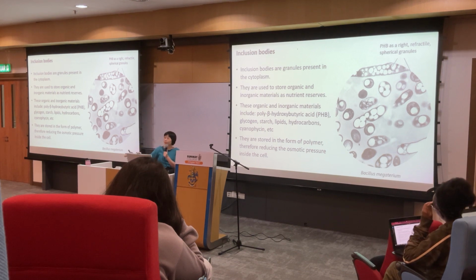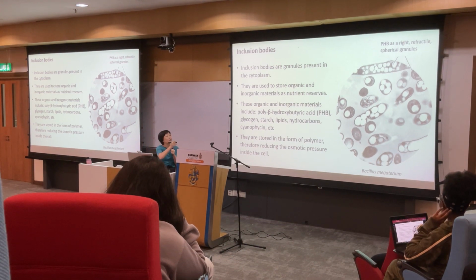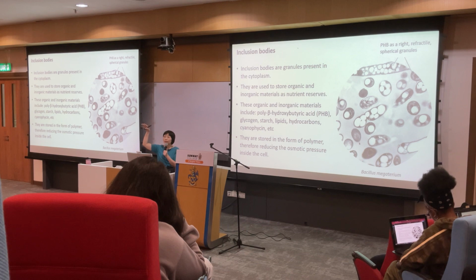They will drop, right? So during the stationary phase, how can they survive? One way is to produce a lot of these inclusion bodies for storage during the stationary phase, so that they can pass through. But of course, if you culture them in the lab, they definitely die because there's no more supply of nutrient in the medium.